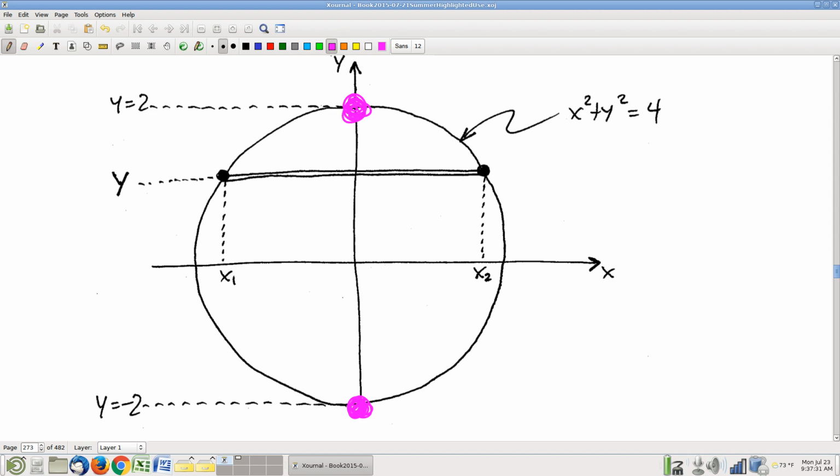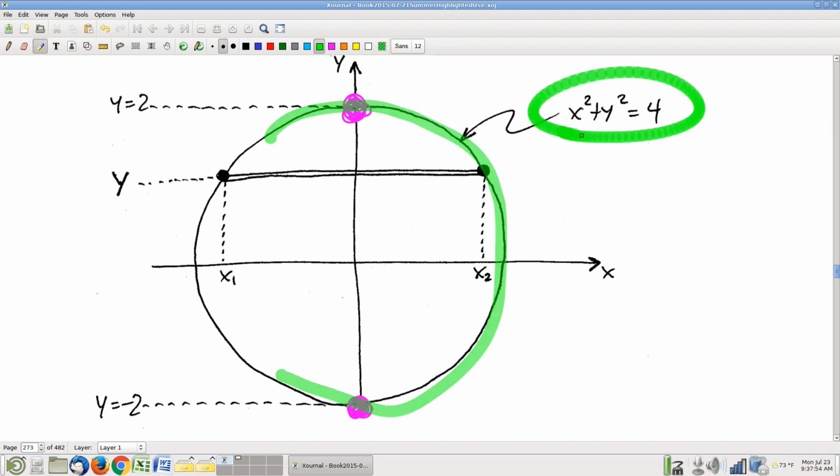Well, you have to think about what you know about these points. Now this one's kind of a freebie, because those points are the top and bottom of a circle of radius 2, so you know they're plus and minus 2. But what you could argue here is that those points are both on that curve, which has that equation.